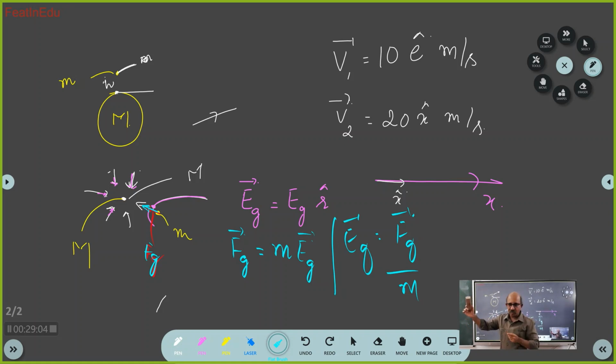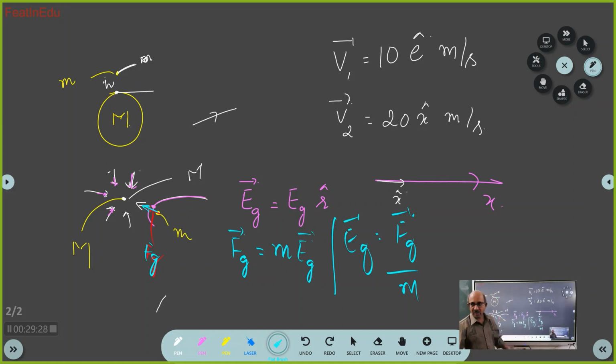You measure the gravitational force at this point. At this point it is Fg1 bar. At this point it is Fg2 bar. And whatever mass I am using here, divided by this mass, I will get the gravitational field intensity at this point. I will get the gravitational field vector at this point. That is what I am saying.